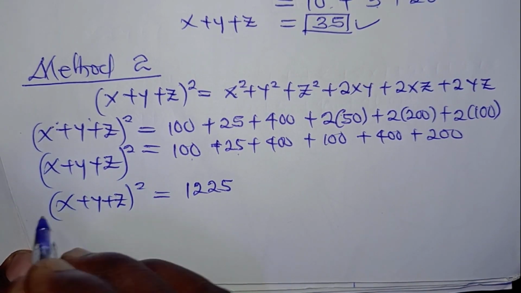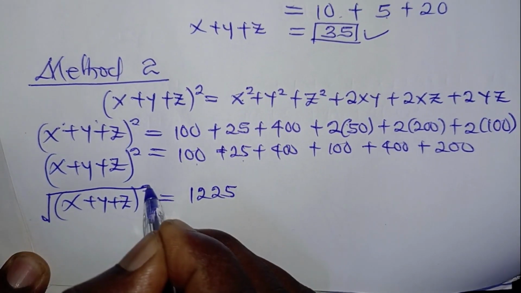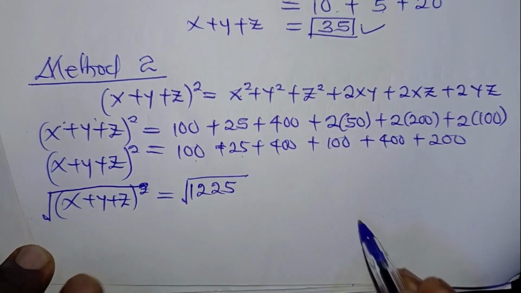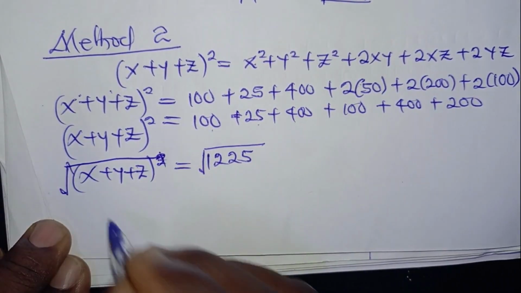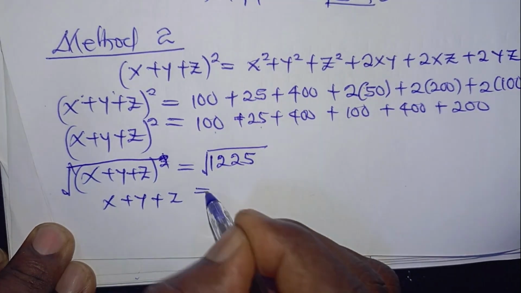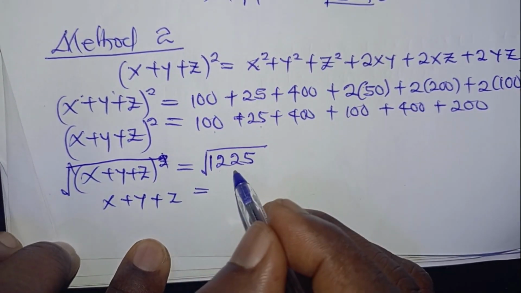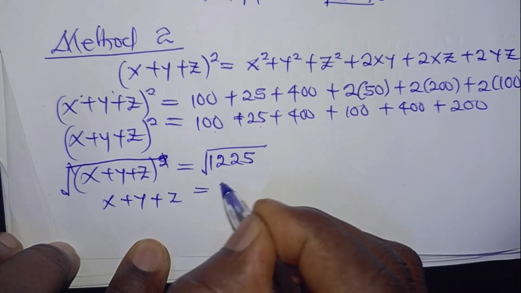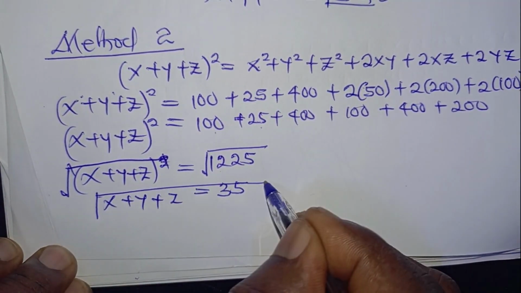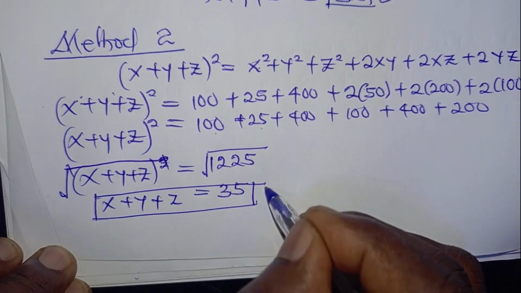So we can take the square root of both sides. Then we have x plus y plus z equals the square root of 1225, which is 35. So this is another way of getting our value of x plus y plus z.